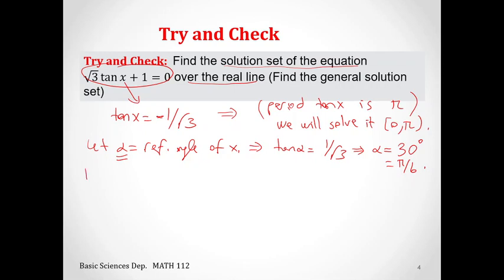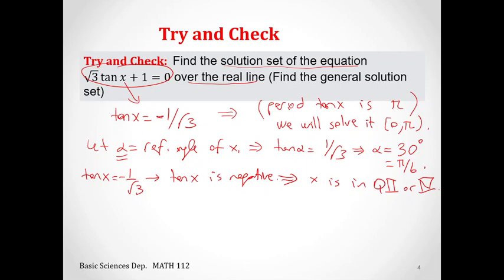Now, tangent x is minus 1 over square root 3, so it means tangent x is negative. So if it is negative, it has to be in which quadrant? x has to be in quadrant 2 or 4.